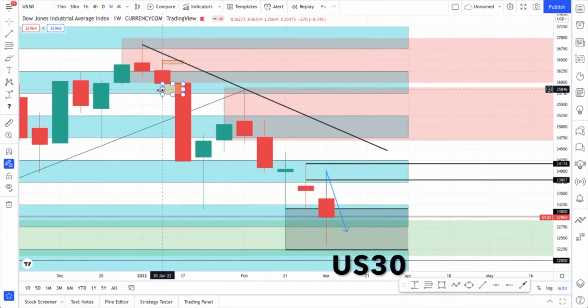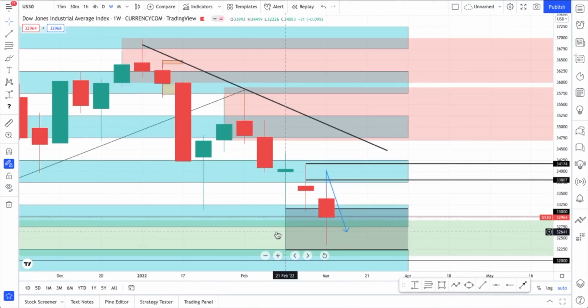If you look at the US30, we can see that previously prices kind of formed a dodgy candle and it closed off down. Right now we can see that prices did move to the upside and to the downside as well before closing at this level of the 33,000 price region.